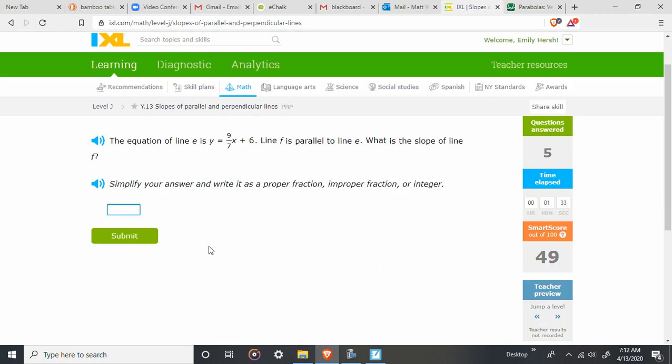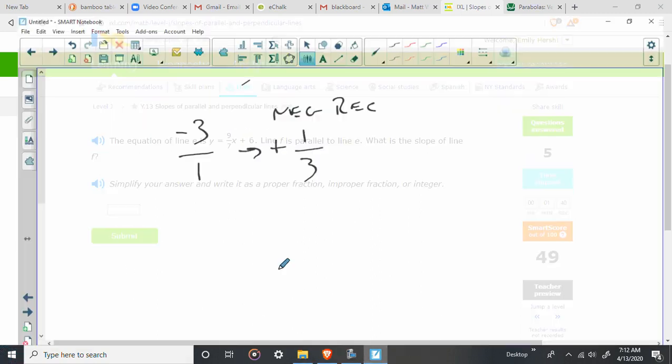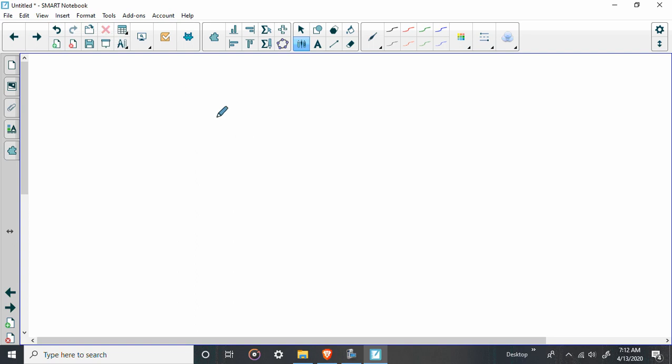I believe the only other type of question they might ask you is they might give you two sets of points. A real quick example: if they give you the points, line A goes through (3, 8) and (8, 2), and line B goes through (3, 12) and (9, 7).